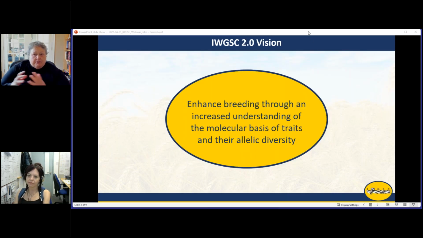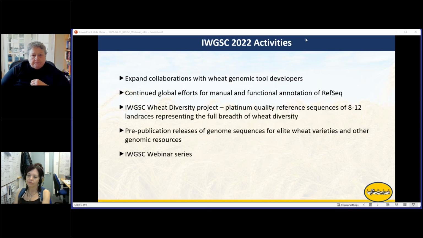Our vision after we publish the reference sequence is to continue working towards enhancing breeding through an increased understanding of the molecular basis of traits and their allelic diversity. This year we're continuing to work with some of the wheat genomic tool developers to have new tools that the community can use. We're continuing to gather information on manual and functional annotation of the RefSeq and planning for future updates of the annotation.